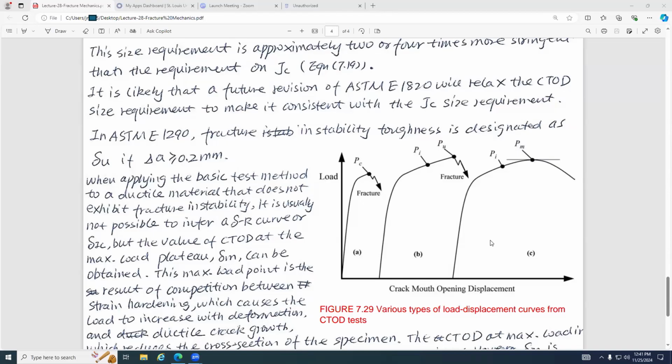Okay, and today we have talked about how to calculate the J value for unstable fracture and CTOD testing. So we talked about ASTM E1820 and ASTM E1290. There are a lot of equations here, but I don't ask you to memorize.